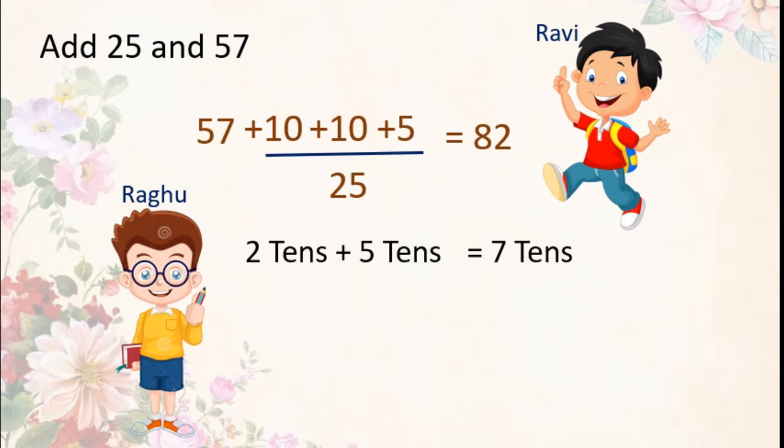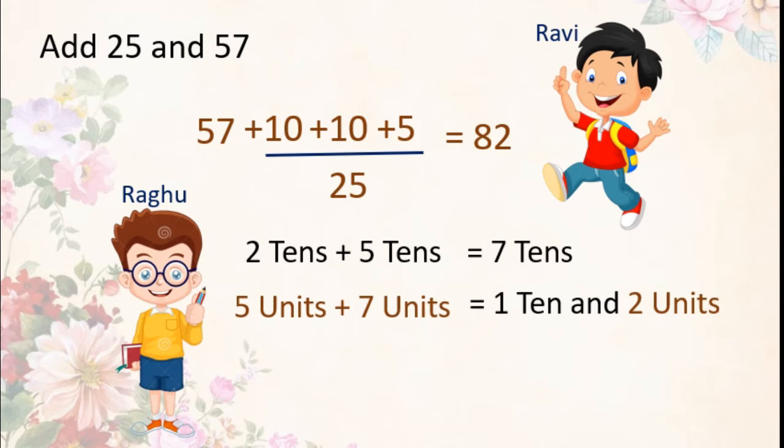This is also right. Now in the unit place, 5 units plus 7 units is equal to 12. 5 plus 7 is 12. Again he bifurcated into tens and units, so that is 1 ten and 2 units. Now what will he do next?